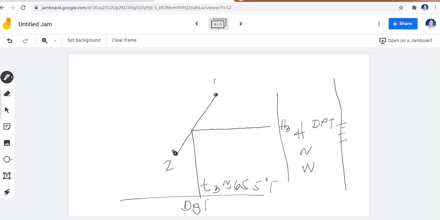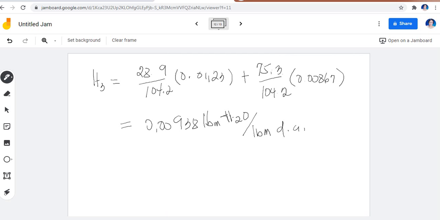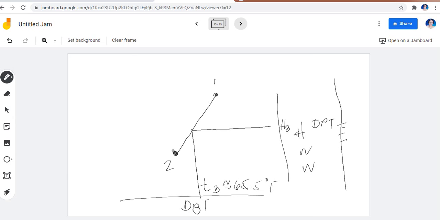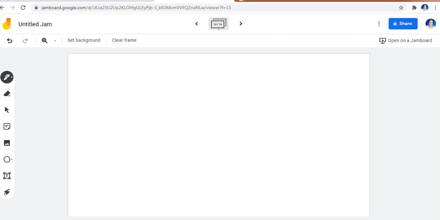If you want it solved analytically, it can be patterned after the water balance equation that we did, this one. So instead of having here humidities, you can place here temperatures, dry bulb temperature. If you do that, you have an alternative way of finding T3. So T3 can actually be 75.3. This is 104.2.